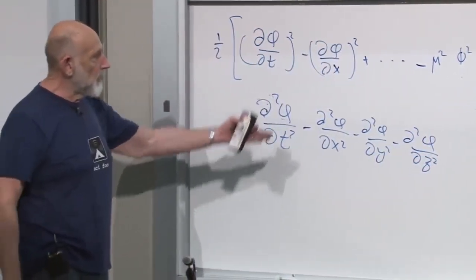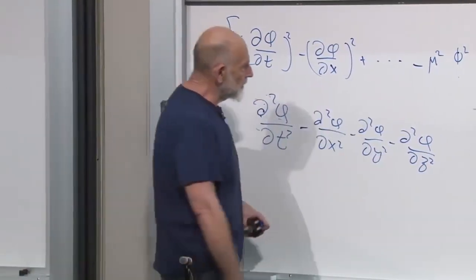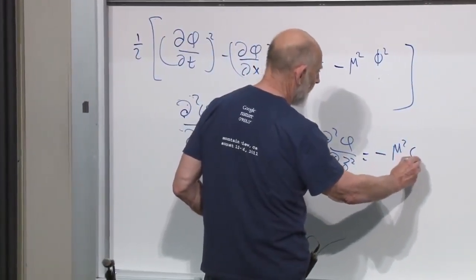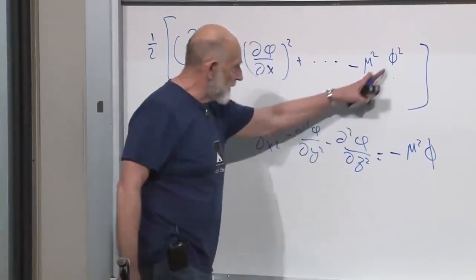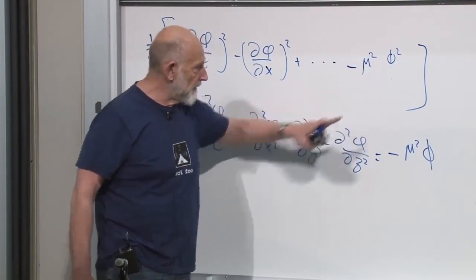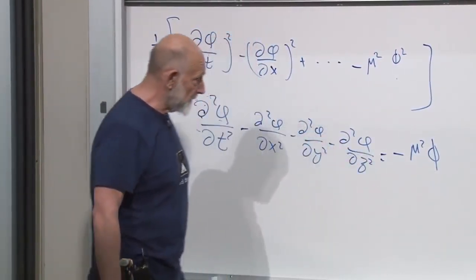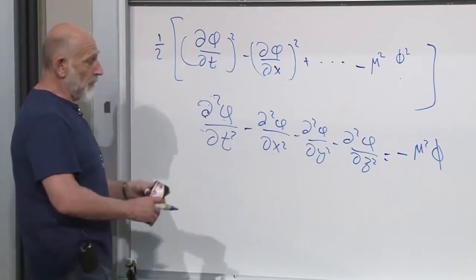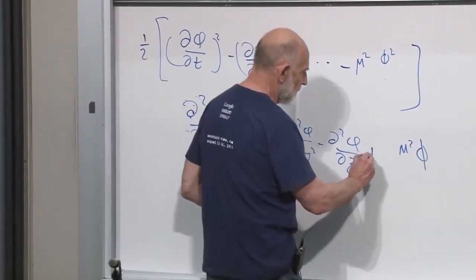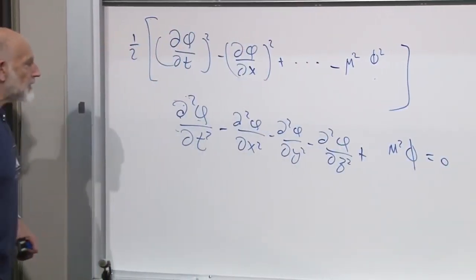And that has to be equal to dL by d phi. So that's equal to minus mu squared phi. When you differentiate mu squared phi squared with a factor of 2, you just get minus mu squared phi. Or if we want to put everything on the left side, plus mu squared phi equals 0. This is a nice simple equation.